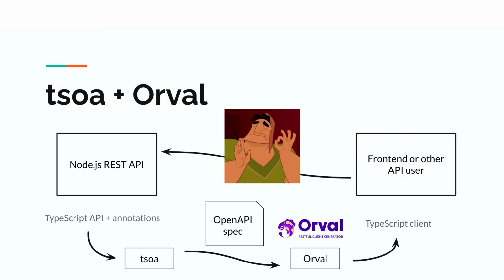Okay, this is how we initially set it up. So we have TSOA and Orval. Might not be familiar technologies, but how it works is, we have the Node.js REST API I talked about. You have the OpenAPI spec.